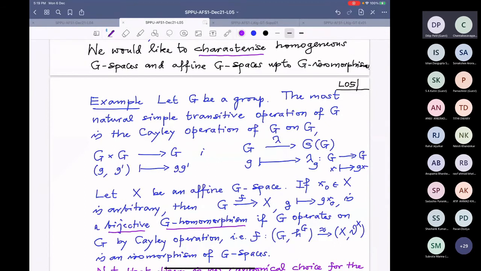So X is G, and G is operating on G by left multiplication; the operation is simply the group operation in G. The action homomorphism is the lambda map from G to S of G, sending g to left multiplication by g.